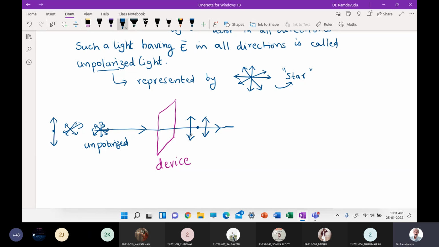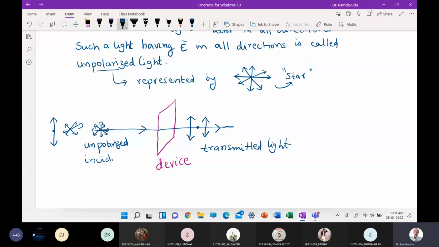So the transmitted light has only a few vectors. This is the incident light, which is unpolarized.